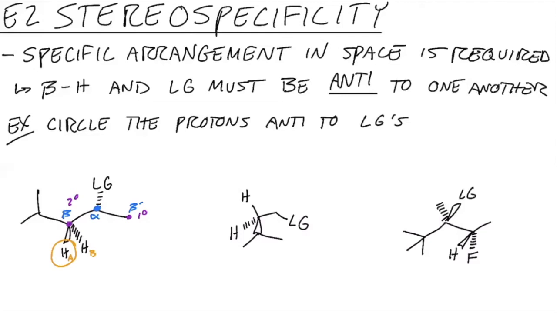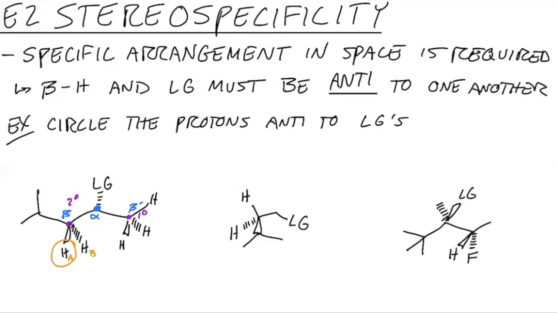Let's in fact draw in these protons, but think about which one is going to be anti. Sometimes we don't draw in these methyl protons, because they're all equivalent and we don't think too much about their arrangement in space because it doesn't matter. Once we pull one off, we're going to make an alkene where it doesn't matter which one we pull off, because the other two will still be remaining.